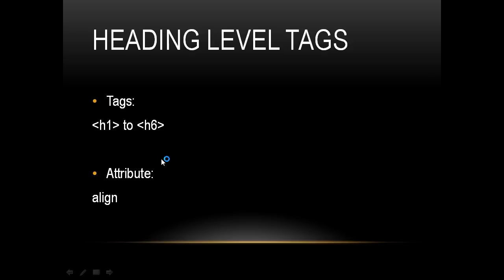H1 to H6 tags have only one attribute, which is align. The values of align attribute are left, center, and right. The default alignment of heading level tags is left. If you want to shift the heading to the center, you will write align equal to center. If you want to switch your heading to the right hand side, you will write align equal to right.